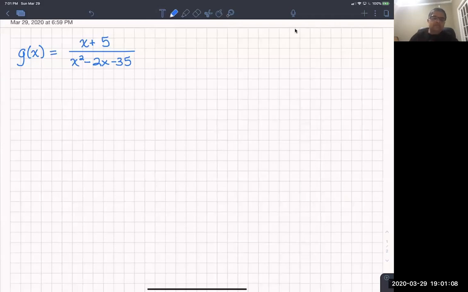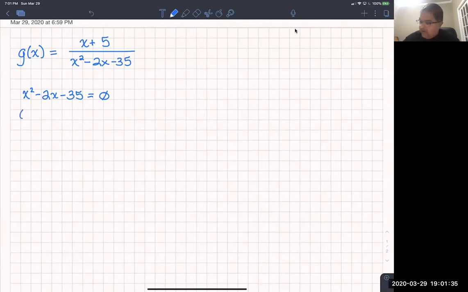Now let's look at this rational function here. So step 1, let's find the domain. First we want to find the discontinuities. So we're going to set the denominator equal to 0 and solve. Now, how do we solve this? Well, this is a quadratic and we should try factoring first.